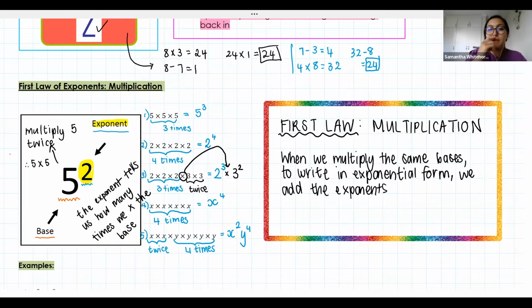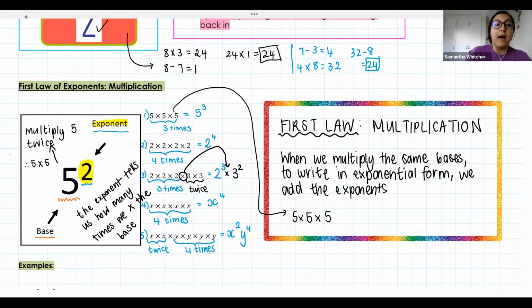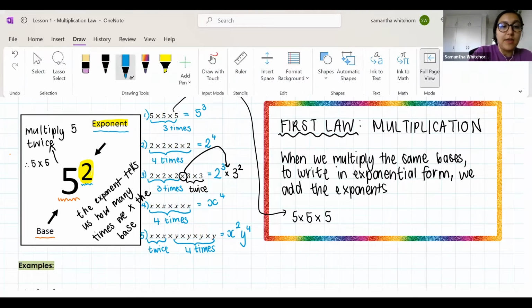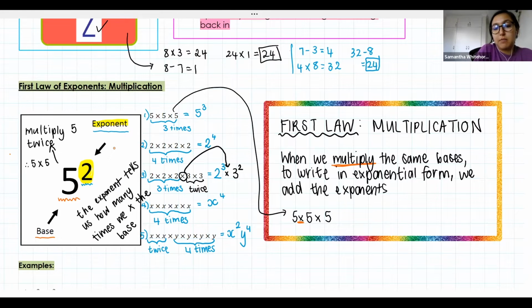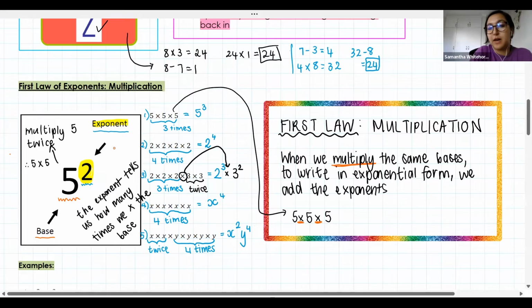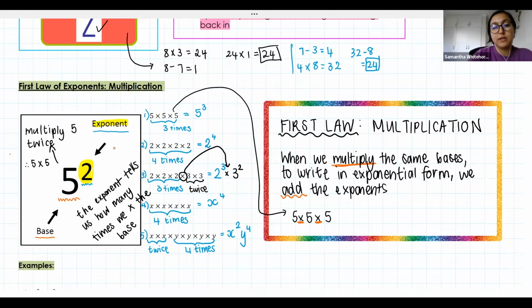Okay, so if we have a look, say, for example, at this first example that we looked at, we had 5 times 5 times 5. So if I want to simplify this and I want to write this as one base with an exponent, my law tells me that when I multiply, and that's what I'm doing here, I'm multiplying 5 times 5 times 5, what I need to do is I need to add the exponents.